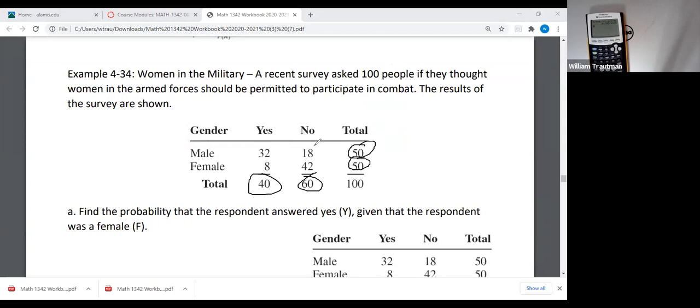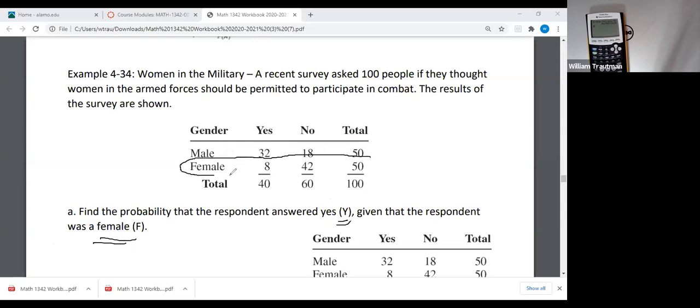So if it says, find the probability that the respondent answered yes, given that the respondent was female. So this is really important. We want to know everybody who said yes, given that the respondent was female. So the respondent is female. So we're only looking at the female.